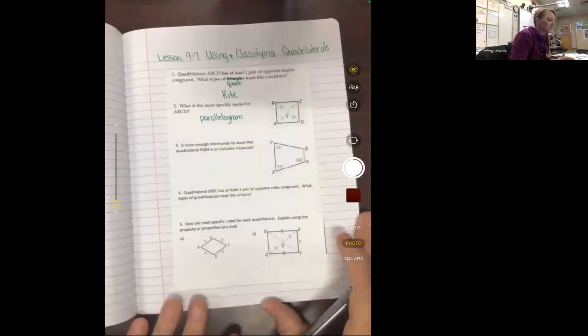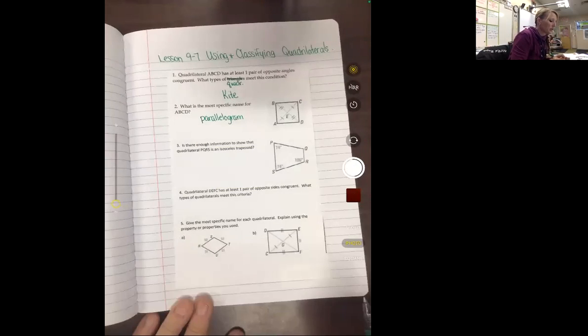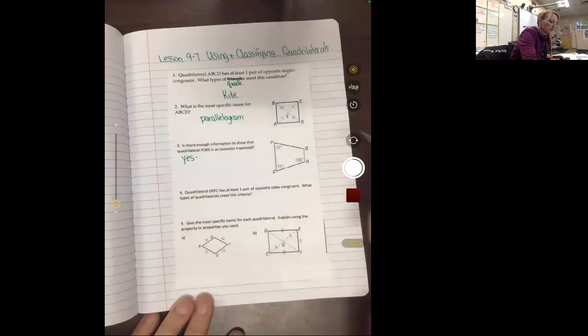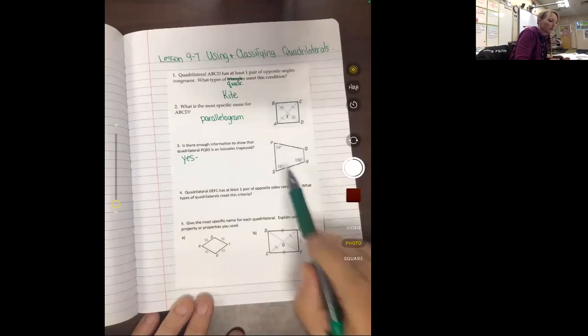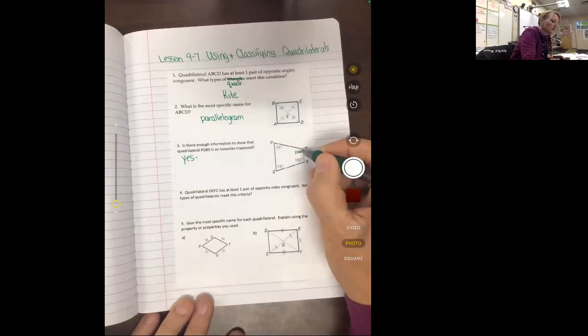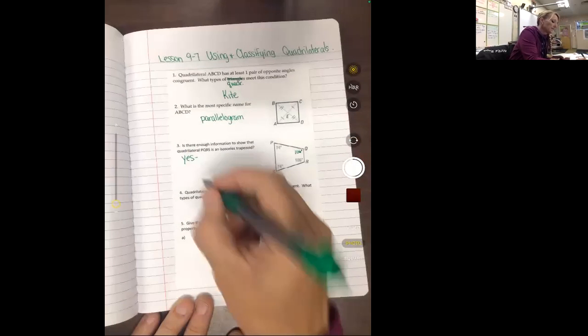The next question says, is there enough information to show that quadrilateral PQRS is isosceles? In this case, yes, there is. And the reason is because if these two are congruent, these two automatically have to be congruent because these two are consecutive. So this has to be 106 degrees. And so therefore, yes.